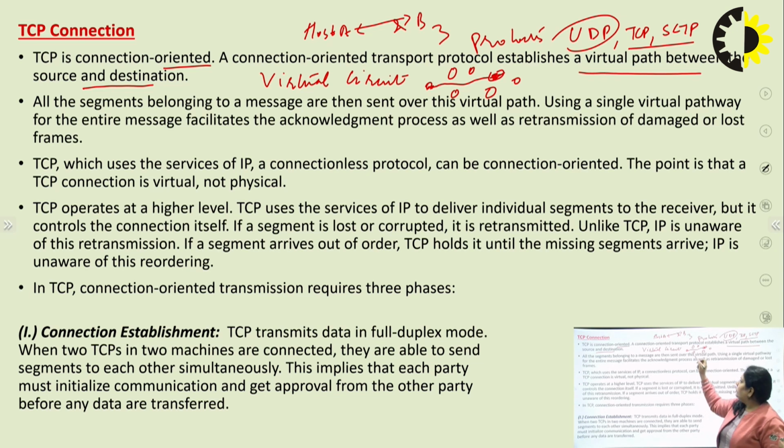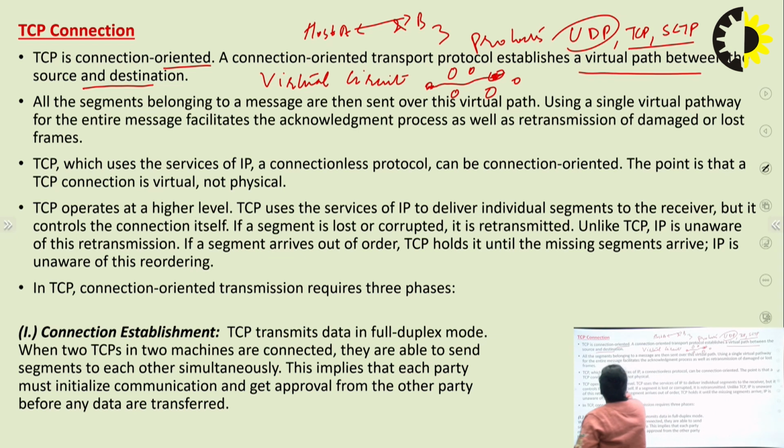So we create a virtual circuit between them, and by creating a virtual circuit, we have created a virtual path, a logical path between the source and the destination. And using that virtual path, TCP transfers the data from host A to host B or from source to destination.